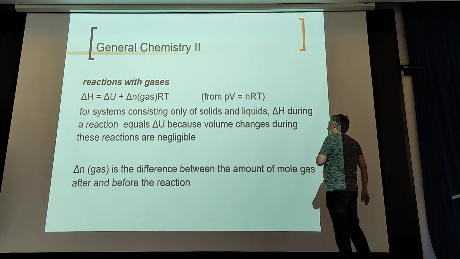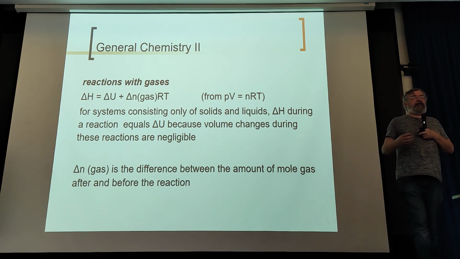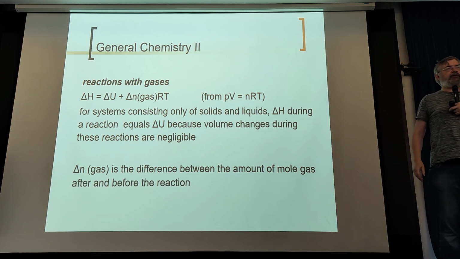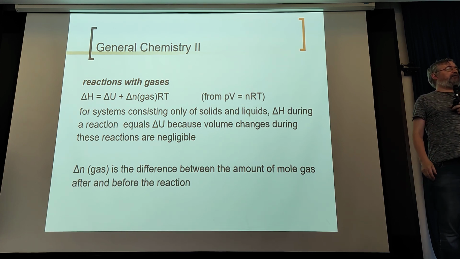It's only where you have some kind of difference in the term delta n gas times RT that it will be different. Now, it could be that you have gases in your reaction, but there is as much gas before and after the reaction.